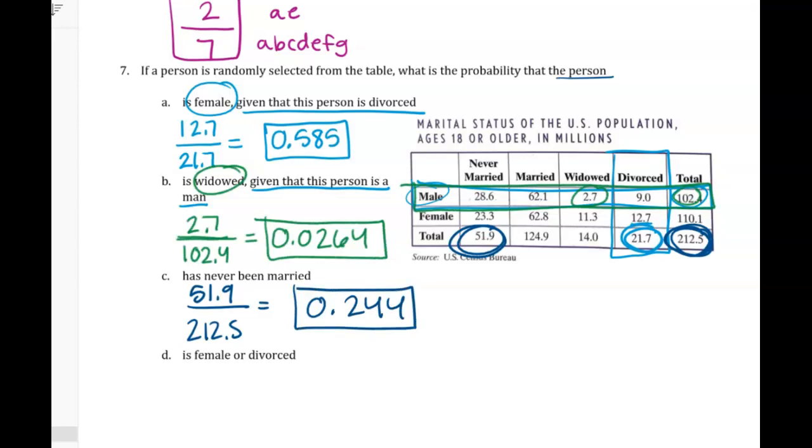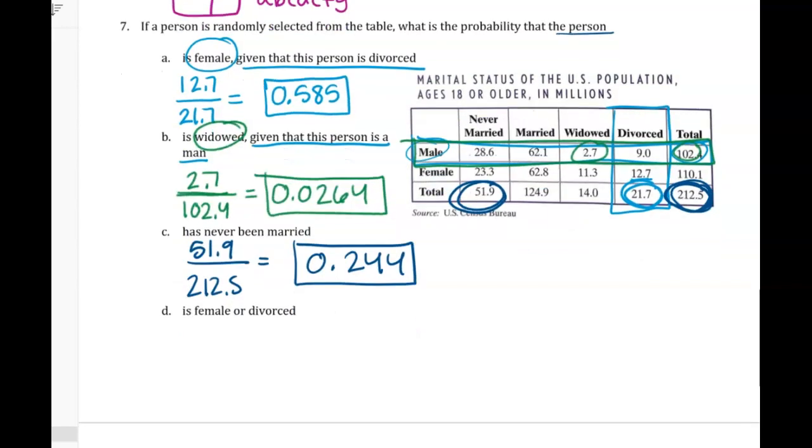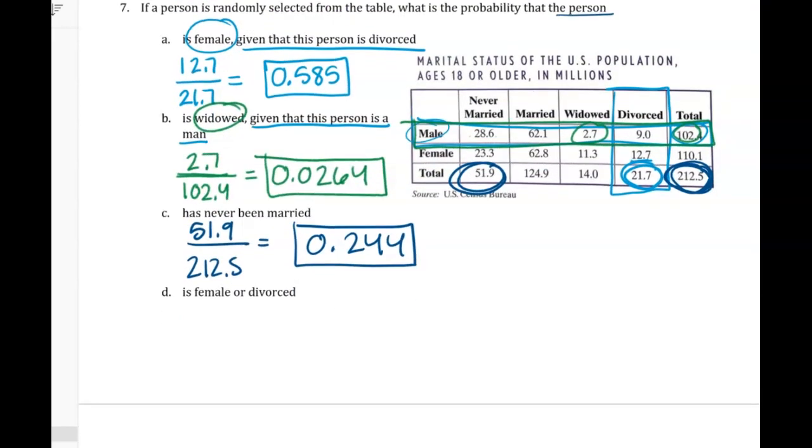Probability that the person is female or divorced. This is like the last lesson, right? Maybe? So female or divorced means we can do the probability of female plus the probability that the person's divorced minus the probability of both, or female and divorced. So for the probability of female, we're really looking at the ultimate total. So 212.5 is our denominator for all of these.